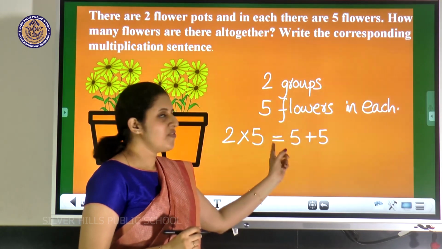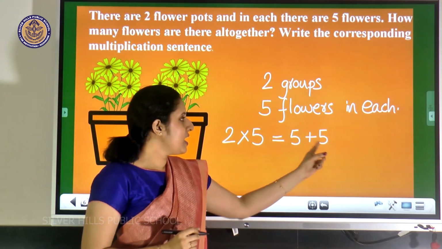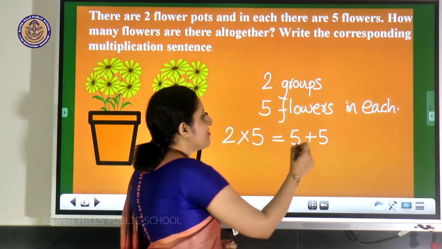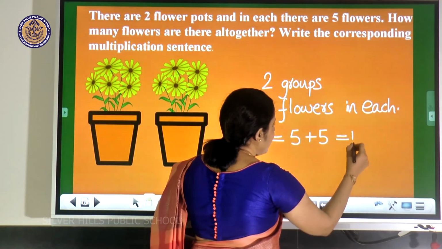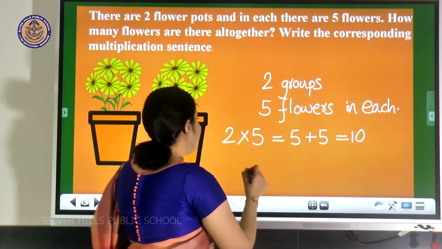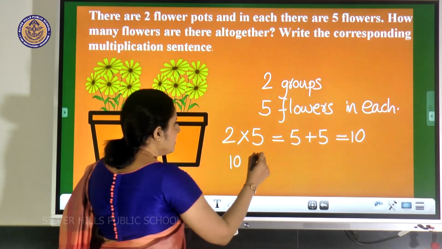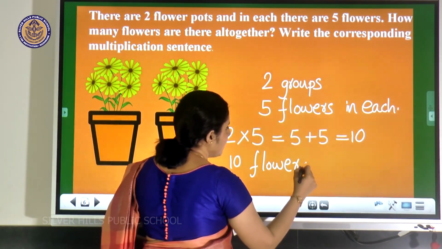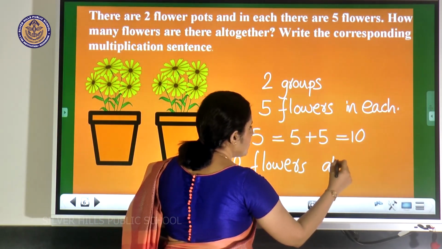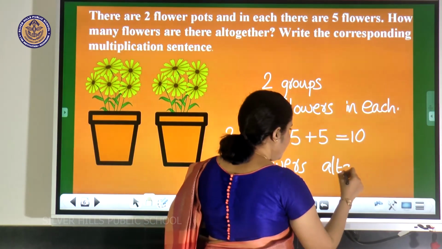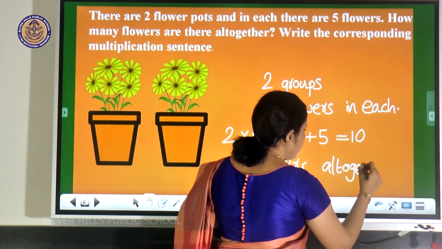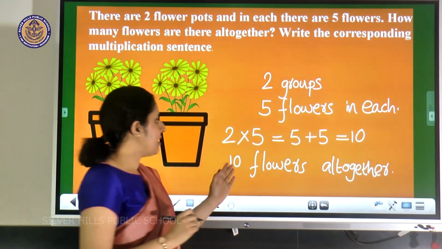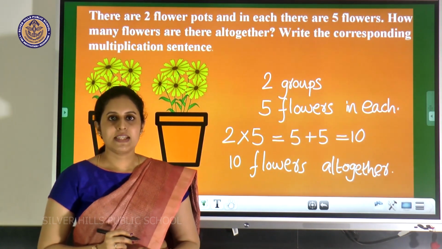We all know 5 plus 5 is 10. So, 10 flowers altogether. This is how you write the answer for such questions using the method of multiplication.